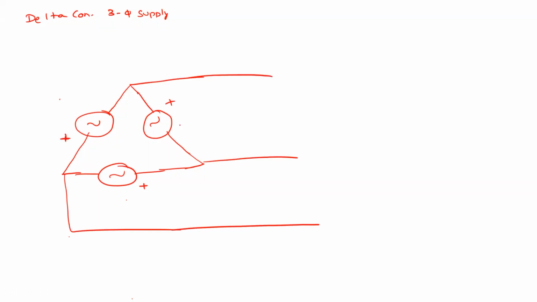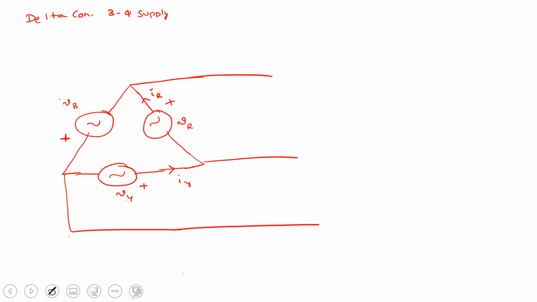So let us assume this is VR, there is no neutral here, this is VY, and this is VB. This is IR, this is IY, and this is IB.